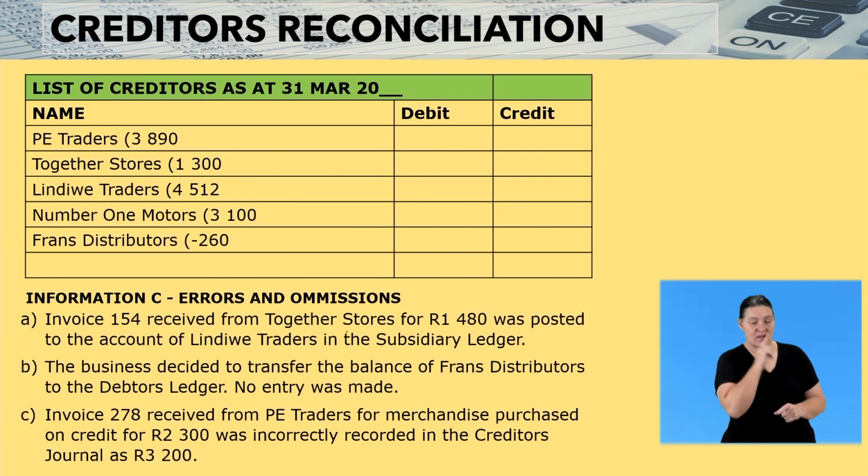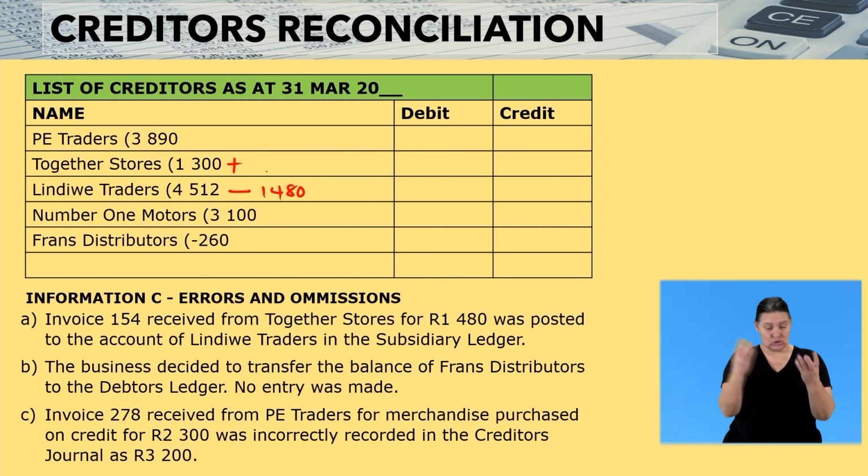That means I need to come to Together Stores, and when I get to Together Stores, they're telling me that an invoice from them was posted to the account of Lindway. That means that invoice was not supposed to go to Lindway. I'll come to Lindway and I'll subtract it, 1,480. And I'll add it to Together, 1,480.